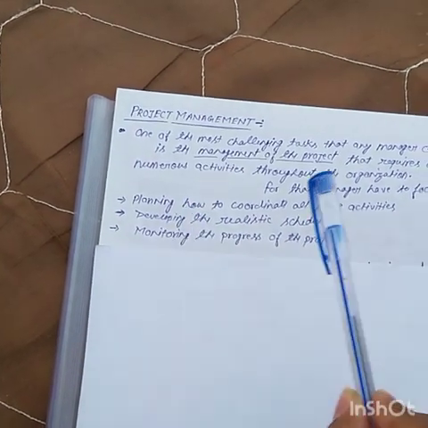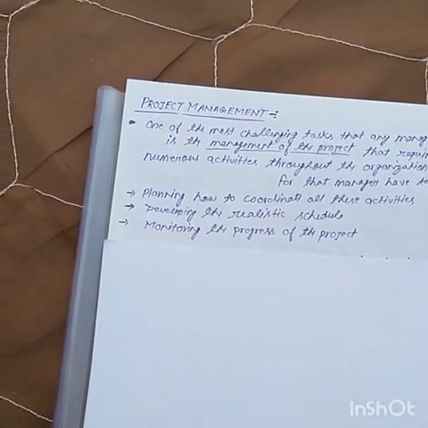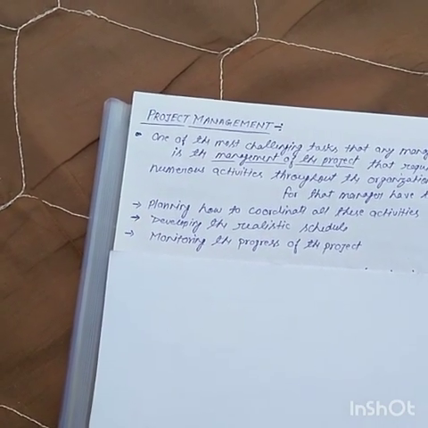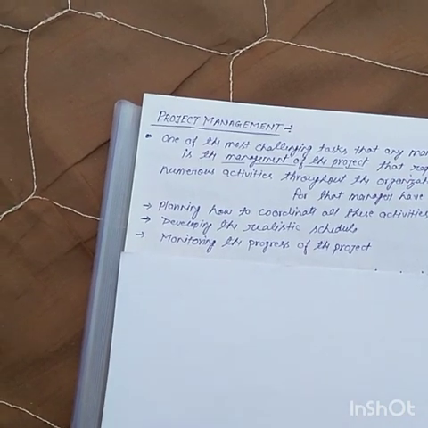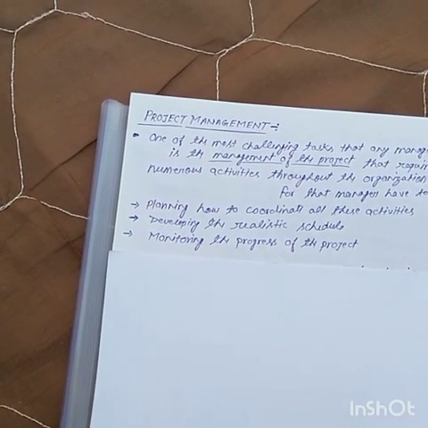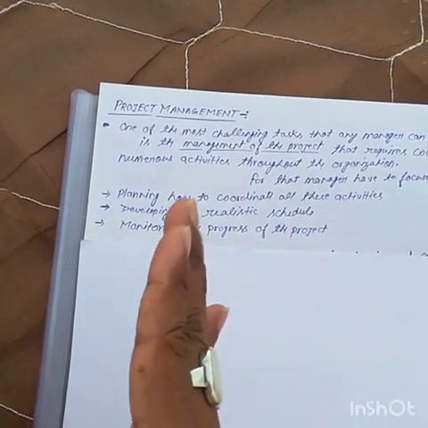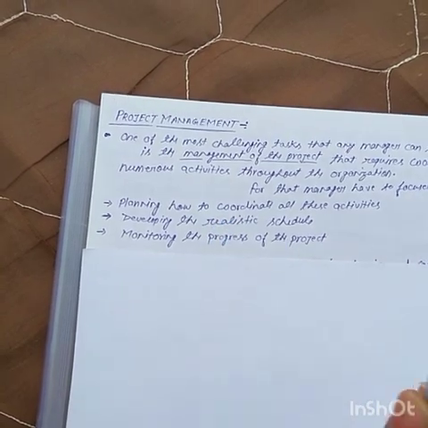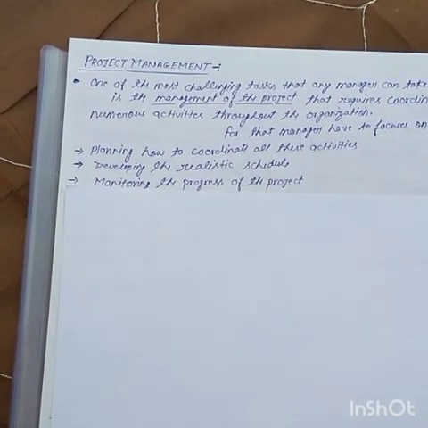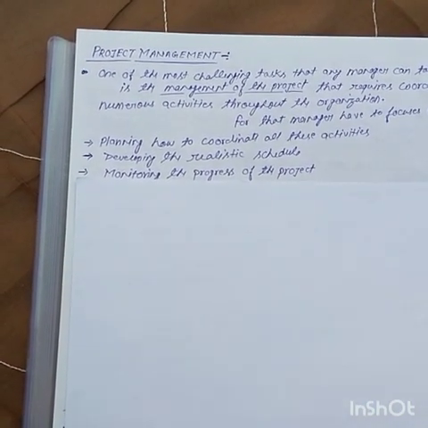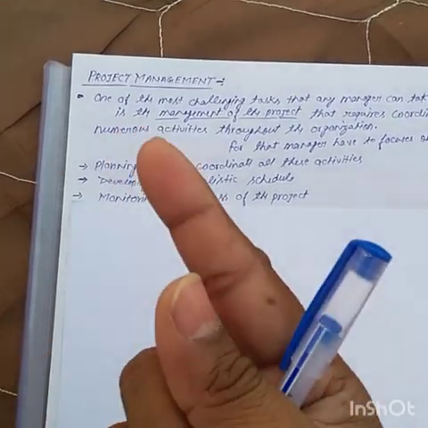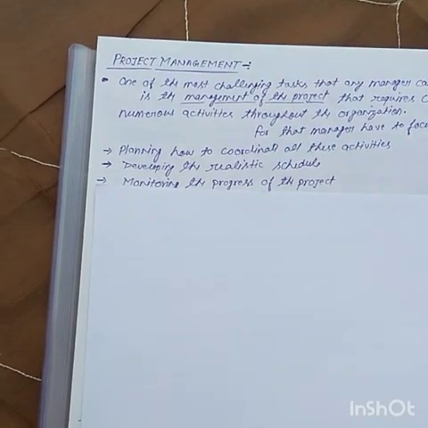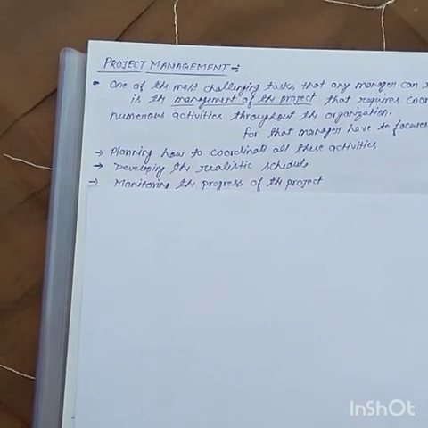In the planning phase we identify how to coordinate these activities, and after coordination we prepare a realistic schedule: which activities come first, which come second. After that we monitor whether our project is running the way we planned. If there is any deviation in the monitoring process, then we have to control it.